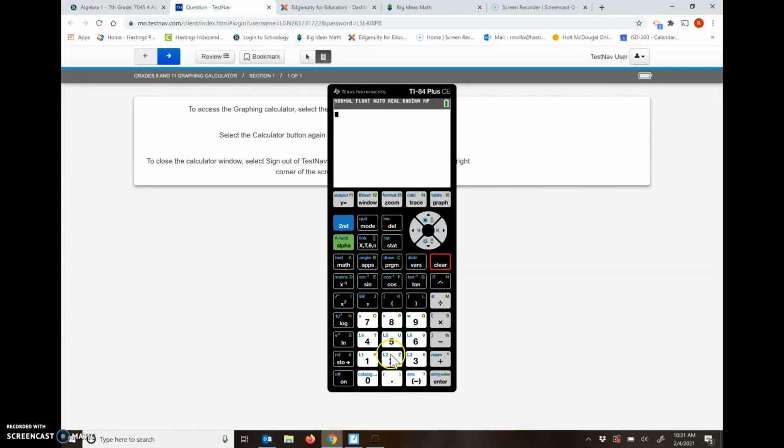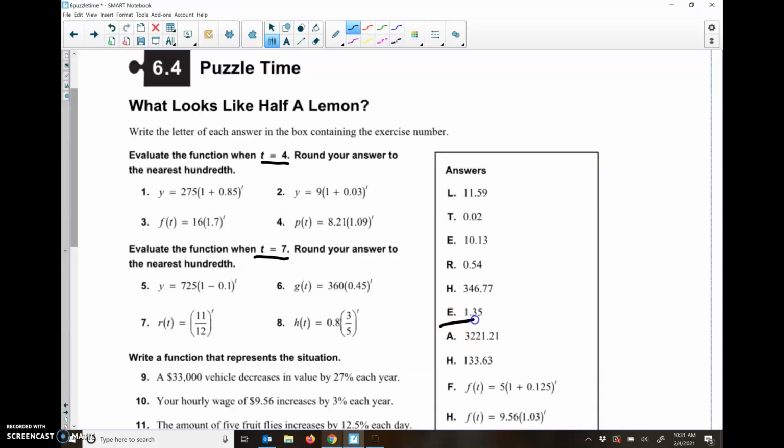So if I look at number 1, it says 275 times the parentheses 1 plus 0.85, and then it says raised to the t power, but remember it said in the directions use 4, so we should get 3,221, and there it is, so letter A for that first one.